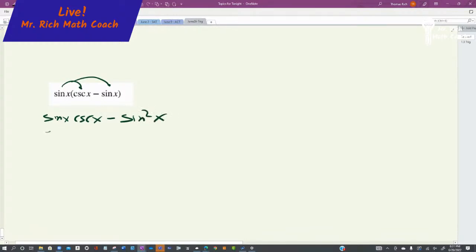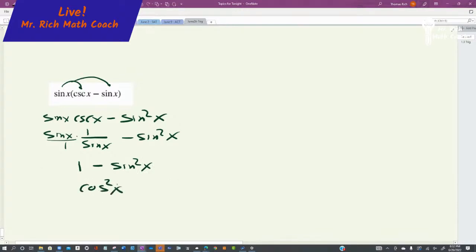Well, cosecant x is 1 over sine x. Sine x times 1 over sine x is 1. 1 minus sine squared x. And that's going to be cosine squared x by using the Pythagorean identity. And that's my simplified form.